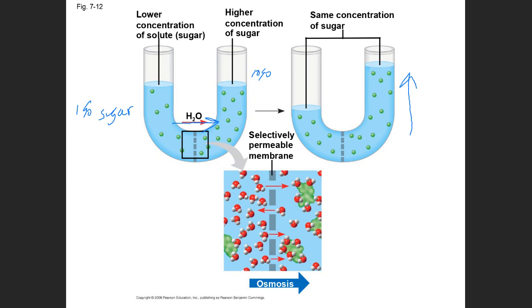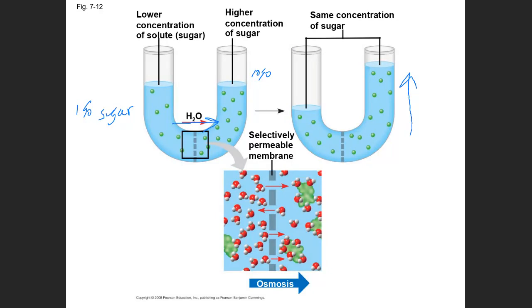And it will do this on its own. No energy is required to make water defy gravity. It's trying to reach an equilibrium concentration. And the only way that it can do that is by diluting the sugar solution on the right. And so water will continue to move to the right until the concentration of sugar is the same on both sides of the membrane.